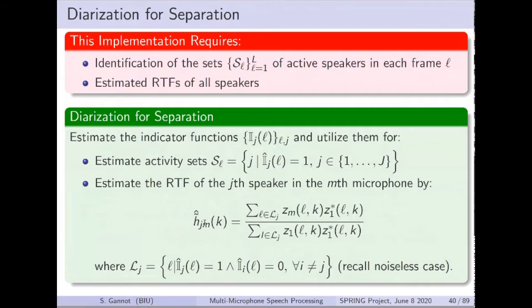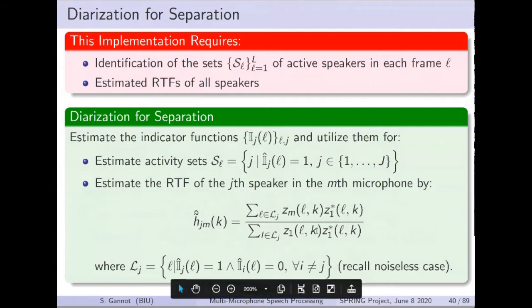In order to do this, it becomes simple in the noiseless case, since I collect all frames in which speaker number J speaks alone, solely speaking, and then I do simple system identification, which is depicted here.